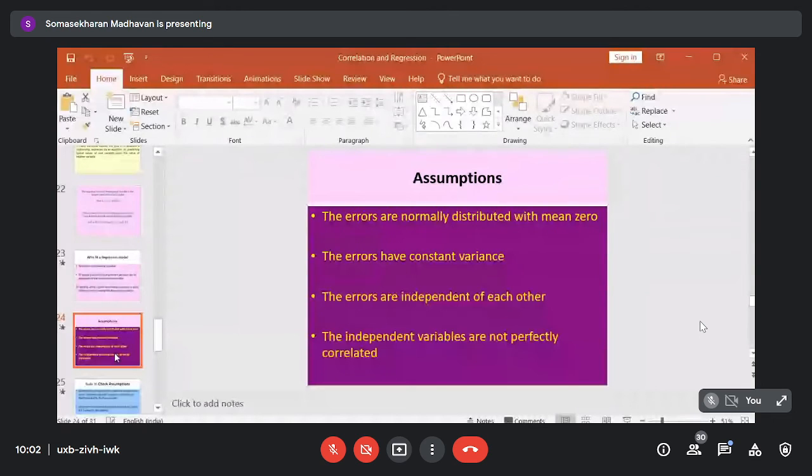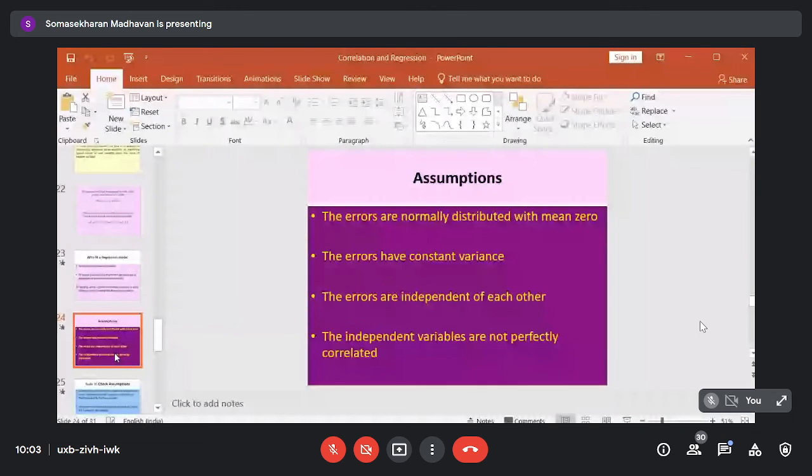If the first one is violated, we call it non-normality. If the second is violated, we call it the heteroscedasticity problem. The third one is called autocorrelation, and the fourth one is called multicollinearity.